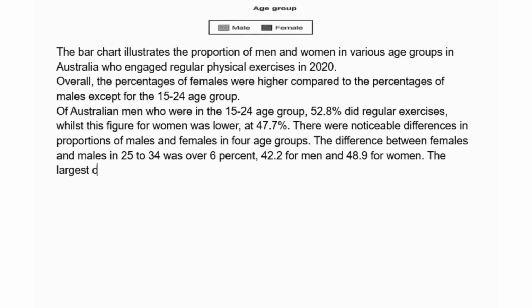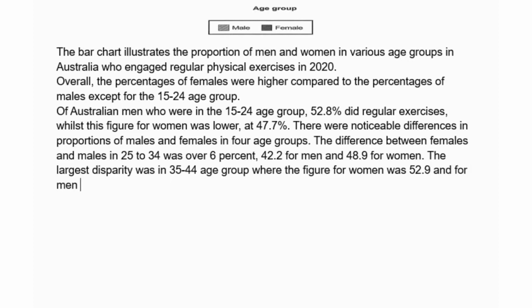Alright, so the largest disparity was in 35 to 44 age group where the figure for women was 50.9, sorry about it, and for men it was 39.9%.